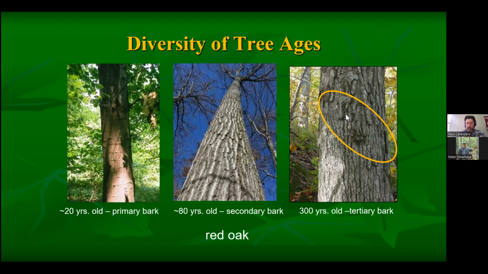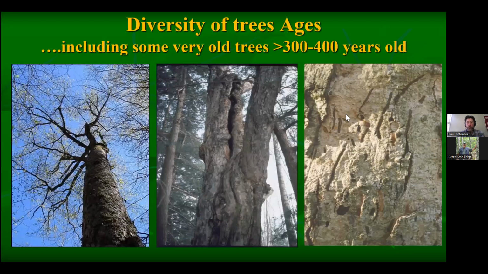You'll get rougher bark, more fissures, more opportunities for insects to hide in there and to utilize that bole, which means there's more food source for birds and other animals that forage along that bole. So trees of different ages, and I just want to reiterate this point because I think it's an important one.